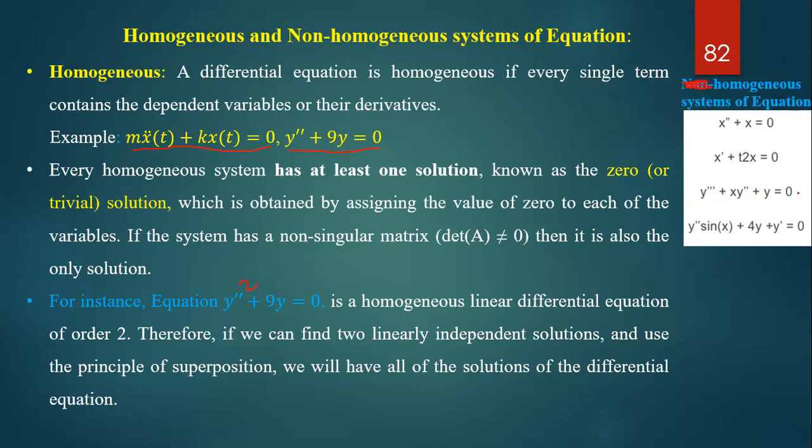This is still homogeneous. If, for example, this term is y squared, immediately the equation becomes a non-linear equation. But these are all linear homogeneous equations. This is also a homogeneous equation.